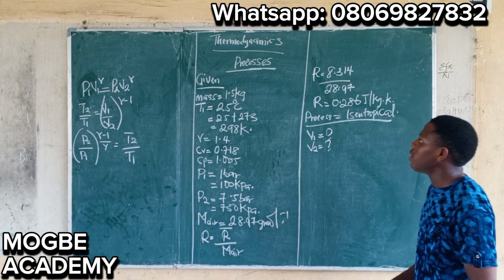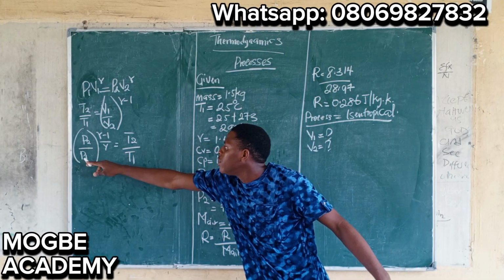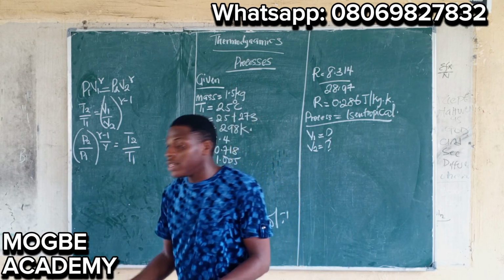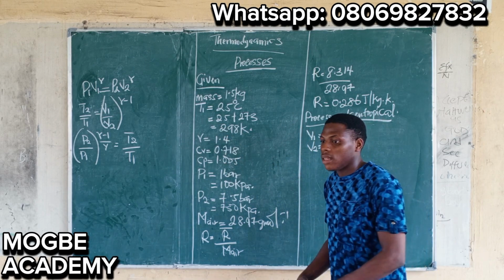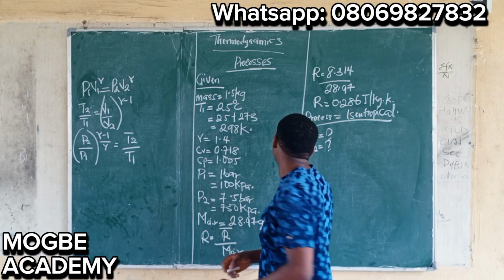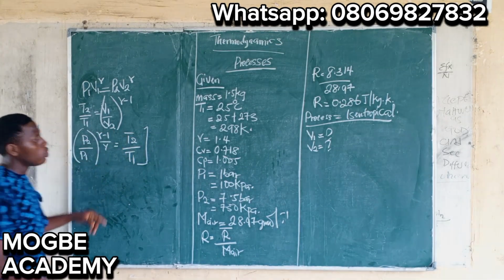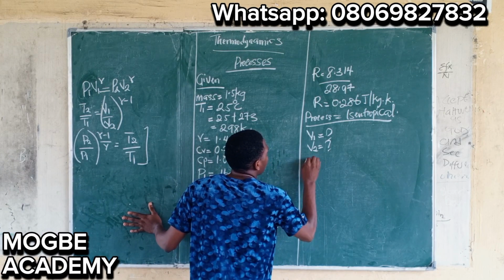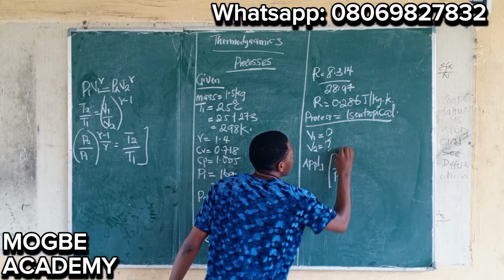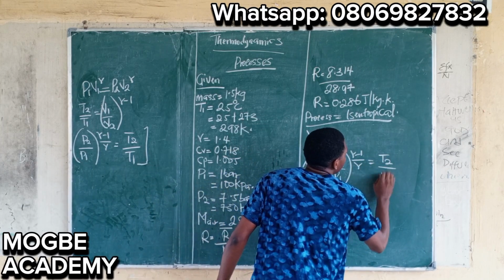So looking at the formulas given, we are given P2 and P1. Can we use this one to get our T2? Yes, because we are given T1, which is 298 Kelvin. So apply this formula: P2 over P1 to the power of gamma minus 1 over gamma is equal to T2 over T1.